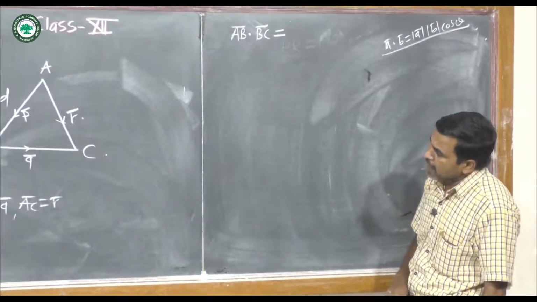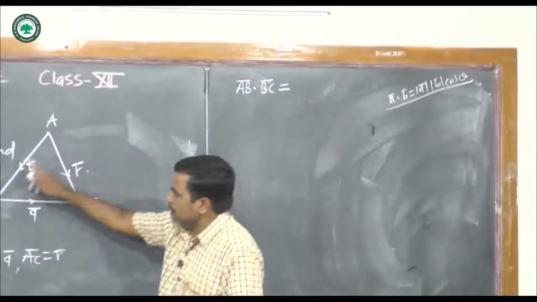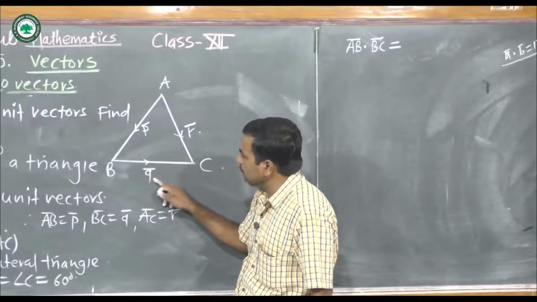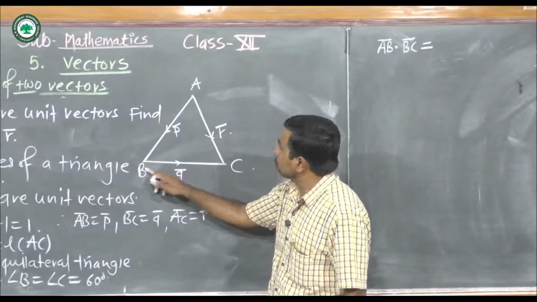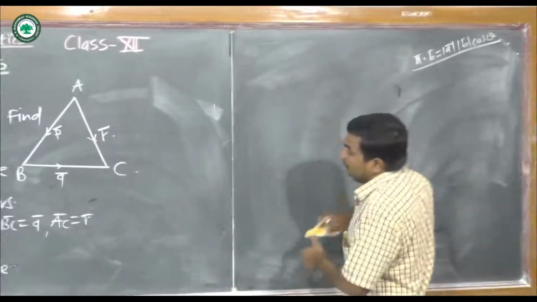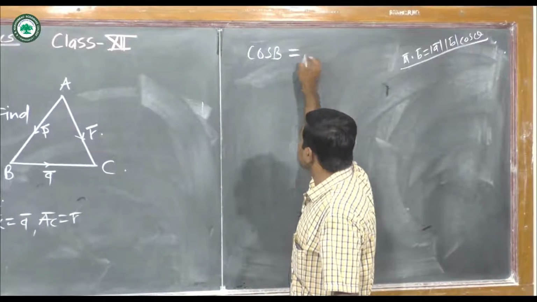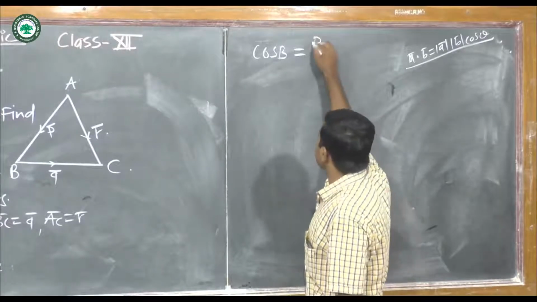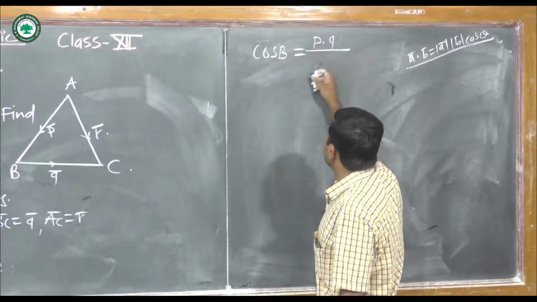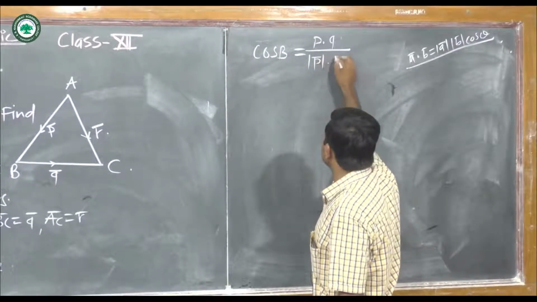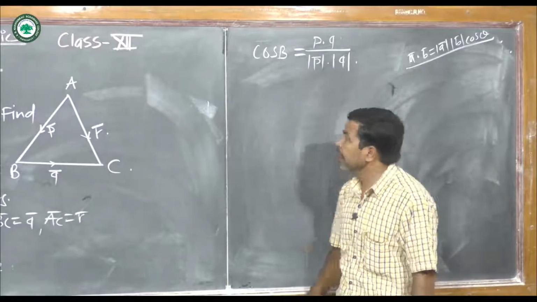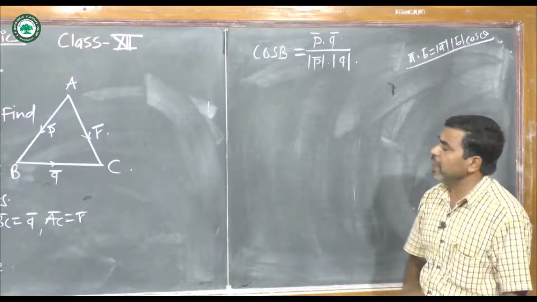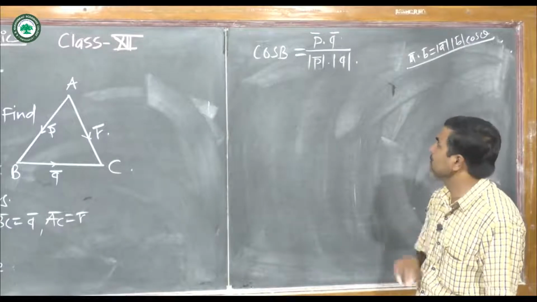Now AB bar and BC bar, the vectors are P bar and Q bar, and the angle between them is B. So directly here you can write cos of B is equal to P bar dot Q bar divided by the magnitude of vector P into the magnitude of vector Q, by using the definition of dot product.